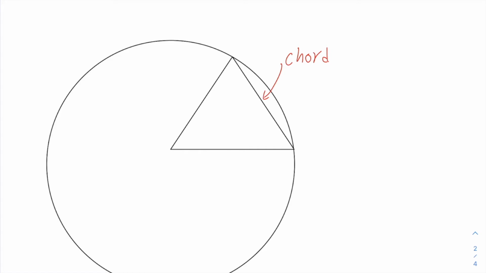So, one corner of the triangle is in the middle of a circle. Another two corners are touching the edges of the circle. And their goal is finding the length of the chord which is in red.